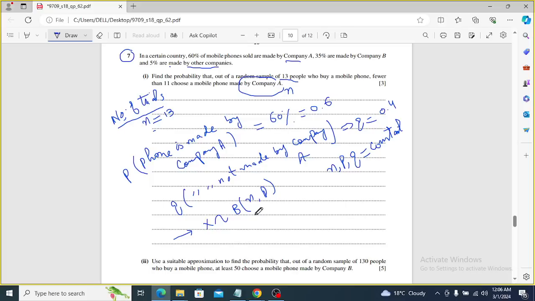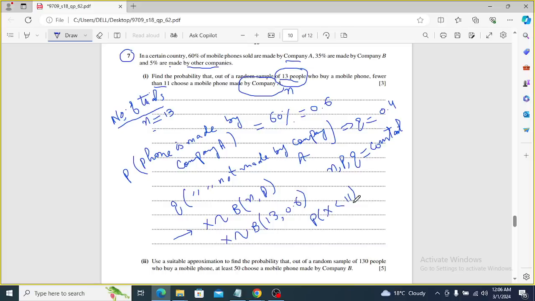Now fewer than 11, look, fewer than 11 choose a mobile phone made by company A. Fewer than means you are supposed to get the probability of x which is less than 11. Now what will you do?